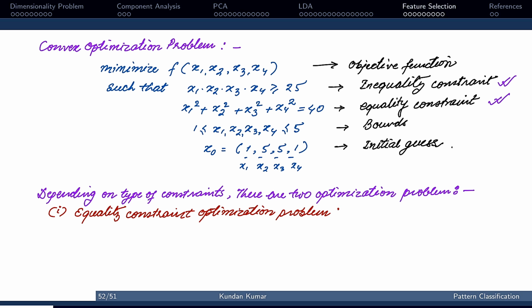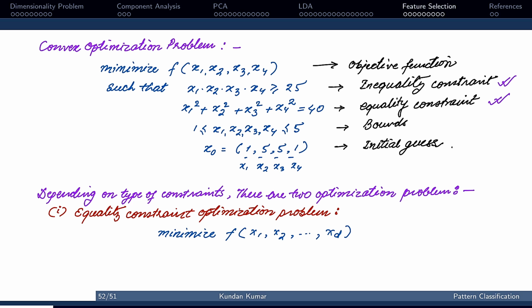In this case, we can define the problem as: minimize f(x1, x2, ..., xd), where f is a function of x1, x2, ..., xd.